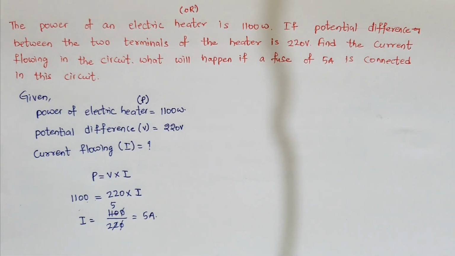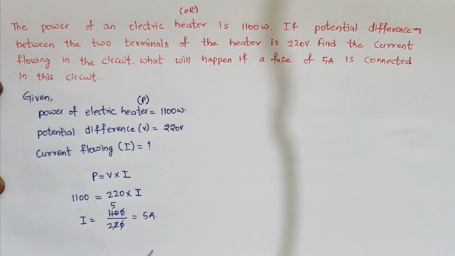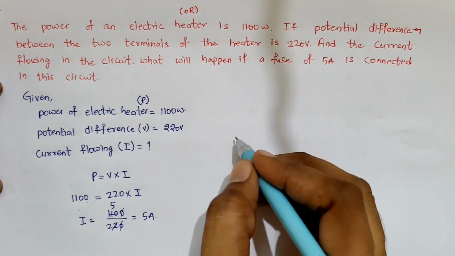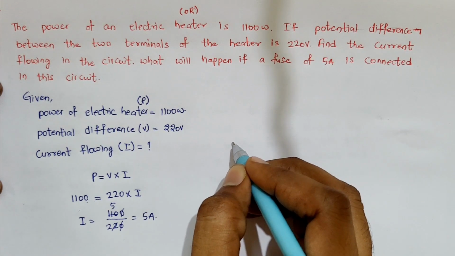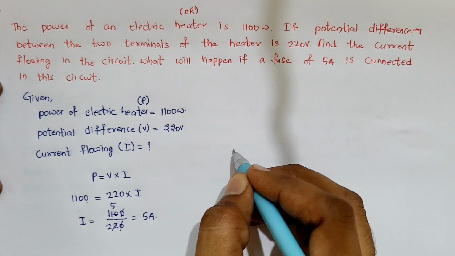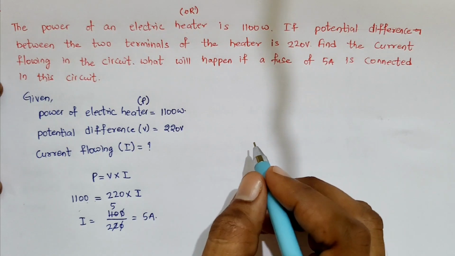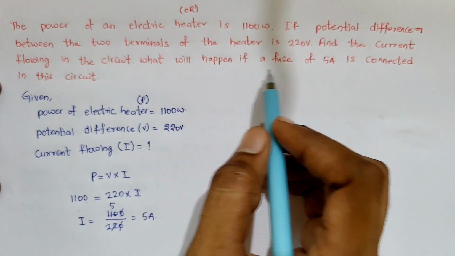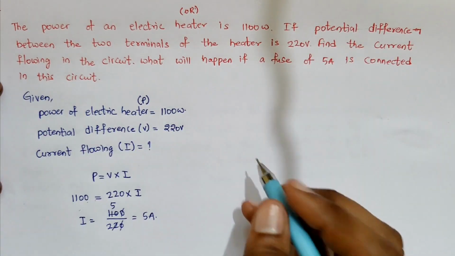Suppose we take a 4 amperes fuse there, what happens? The fuse will melt down if the current exceeds 4 amperes. But the equipment needs 5 amperes there. So what happens? The equipment will not get sufficient current. So in this case, choosing a 5 amperes fuse is the correct decision. So what will happen if a fuse of 5 amperes is connected in the circuit?